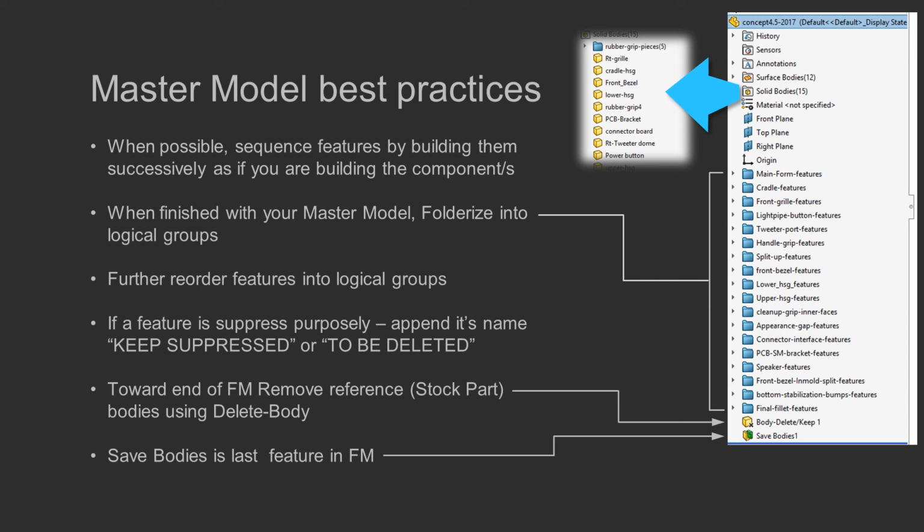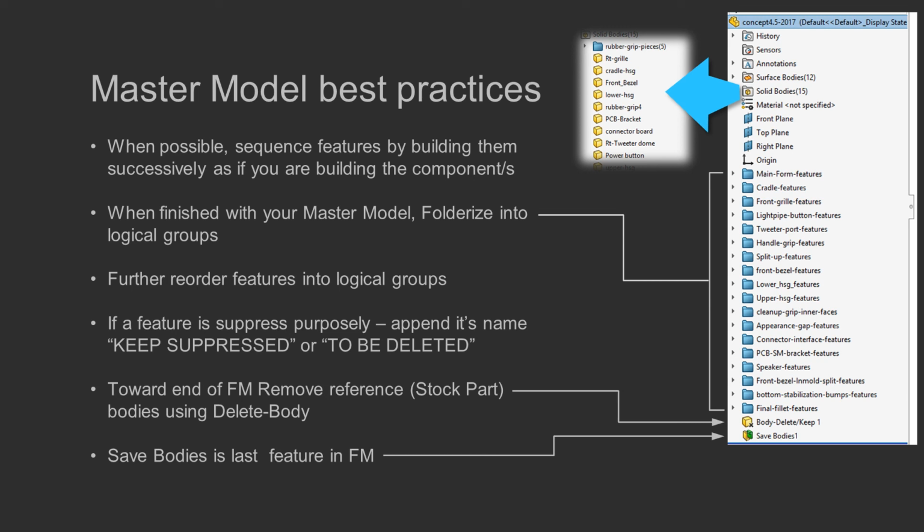Towards the end of the master model, go ahead and do a delete body on any stock features or other features you don't want to derive out. This just keeps it much easier when you go and edit the saved bodies, that you're not pulling up other bodies that are part of the derived bodies.